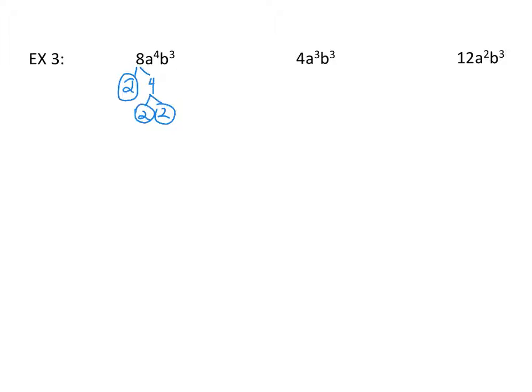So then I'm going to stretch those out. And then the 4 is 2 and 2. So I'm going to stretch those out.